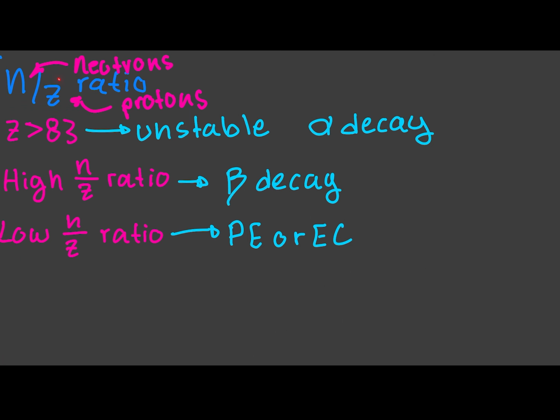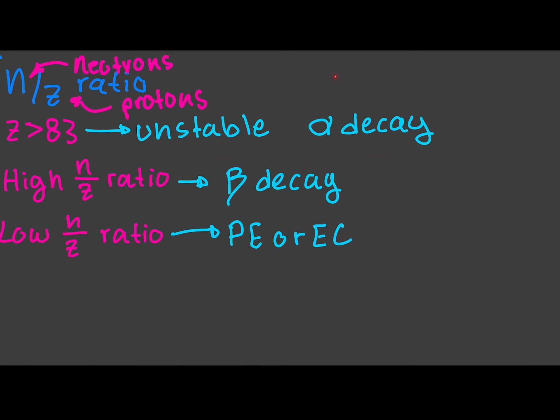If we have any Z value that is greater than 83, in other words, if a nucleus has more than 83 protons in its nucleus, we should expect it to always undergo alpha decay, since this right here gets rid of the most protons and neutrons as fast as possible.